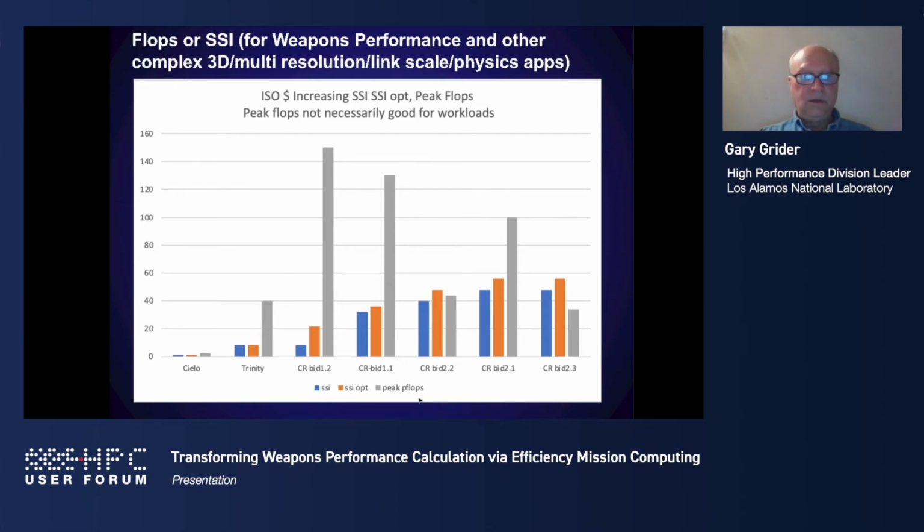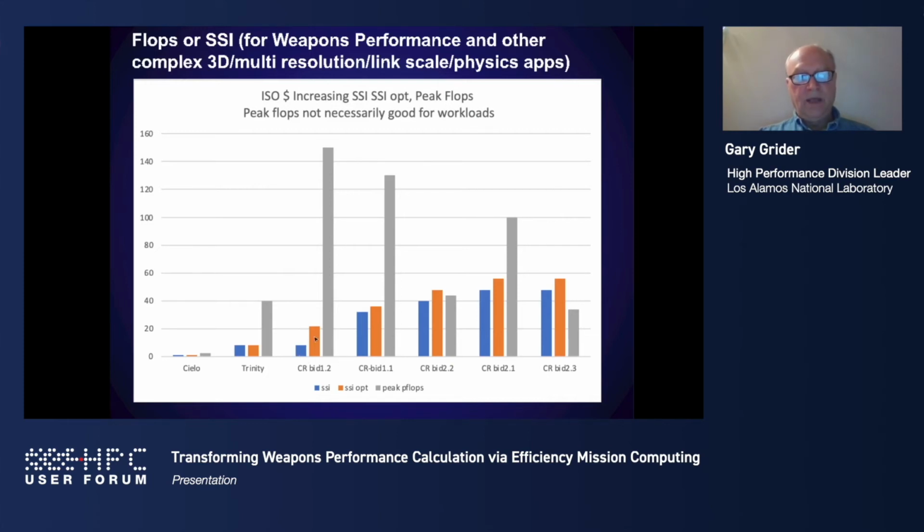I know those aren't on the same graph, but I'm not going to compare those on the same scale, so that doesn't matter. Notice that these are all equalized to Cielo being a 1. At any rate, you see that there was a bid here that didn't have very good SSI at all compared to, say, the other bid.